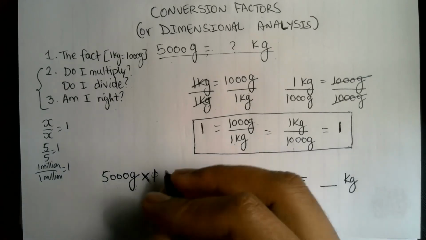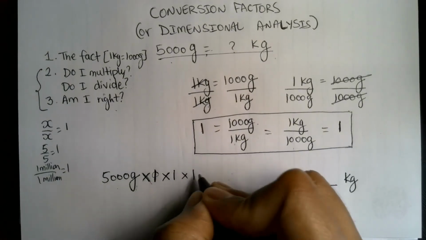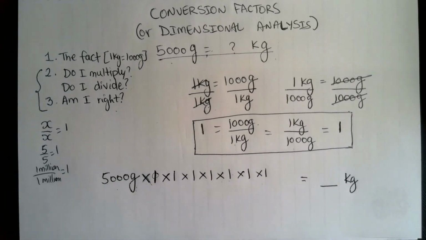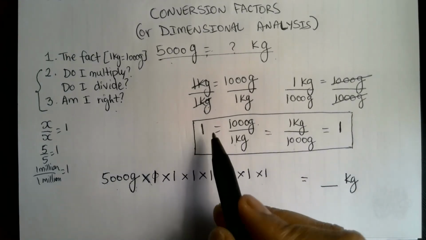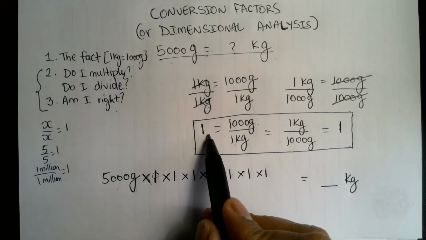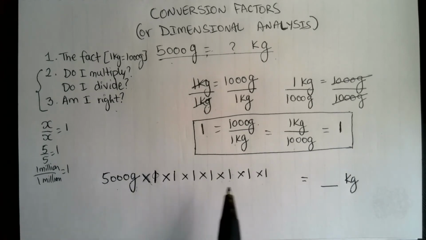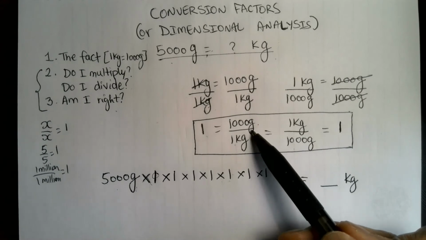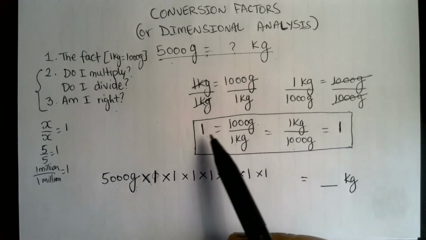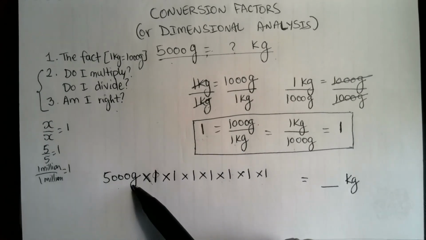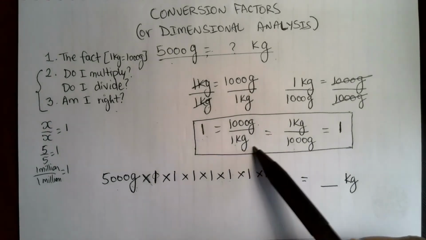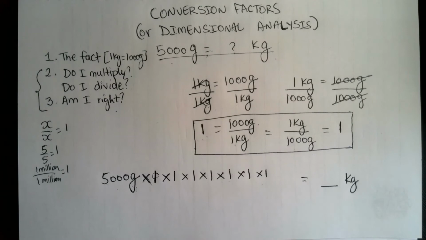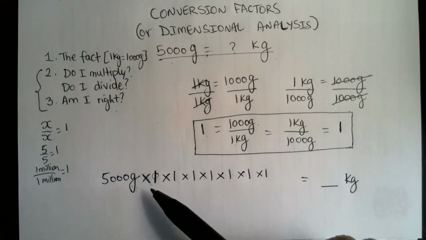It doesn't matter how many times I multiply it by 1. My answer will not change. This is where the magic of conversion factors comes in. Because multiplying by 1 does not change my answer, if this conversion factor is equal to 1, I can multiply by this factor or this factor as many times as I want. It's not going to change the value of that number.